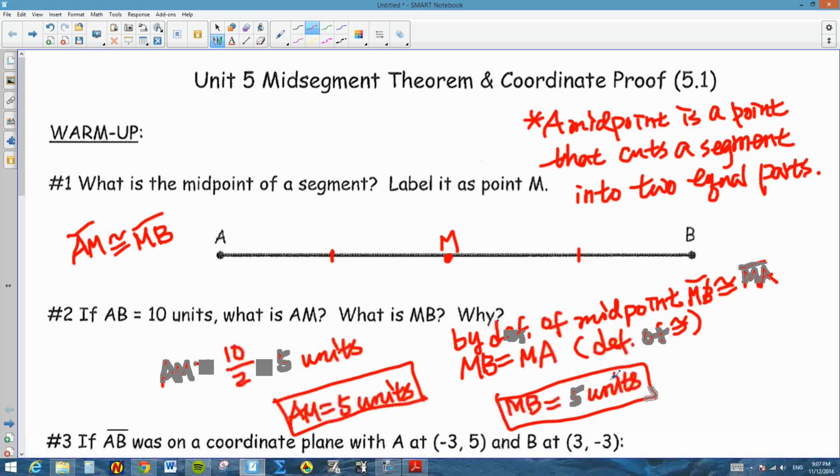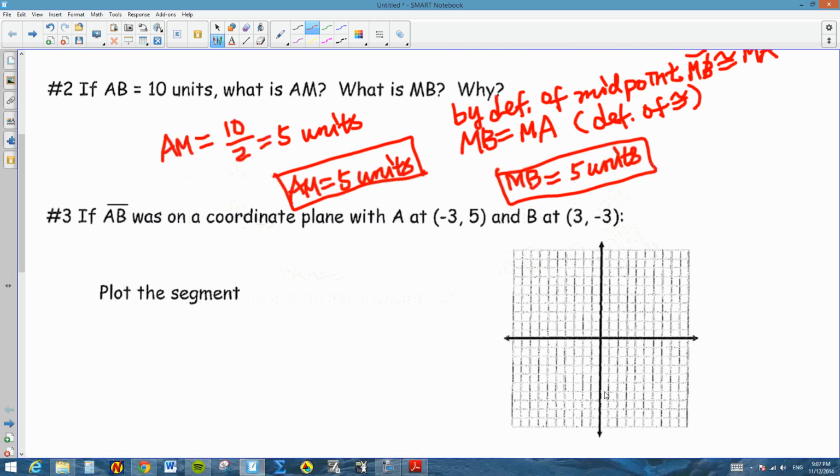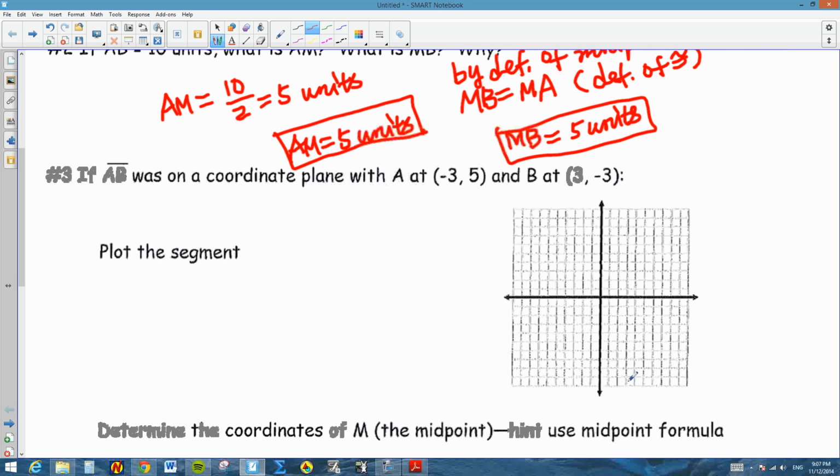Okay, that's number 2. Let's take a look at number 3. Segment AB is on a coordinate plane with A at (-3, 5). So negative 1, 2, 3, and 1, 2, 3, 4, 5 is right here.